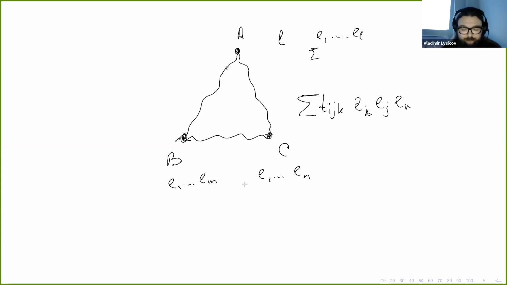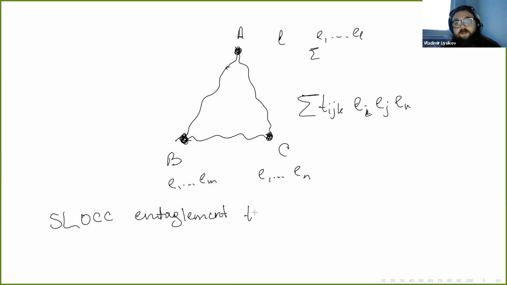And one thing that we can do with this is we can use so-called SLOCC entanglement transformation, which means that each of the parties can use any operations on the particle which belongs to them. And they also can communicate classically.